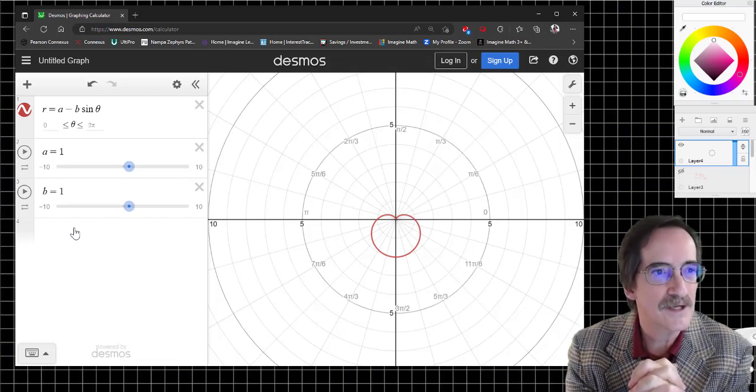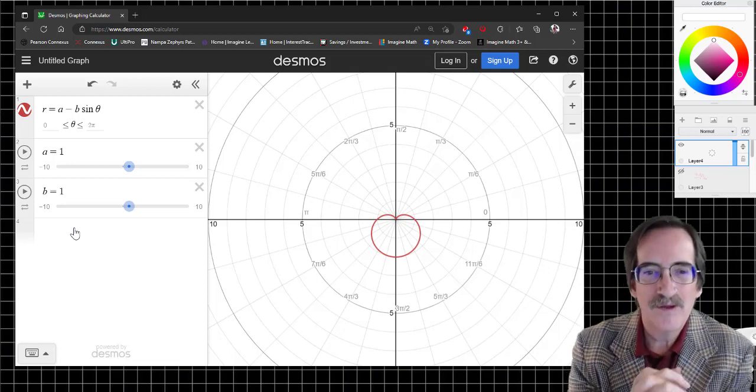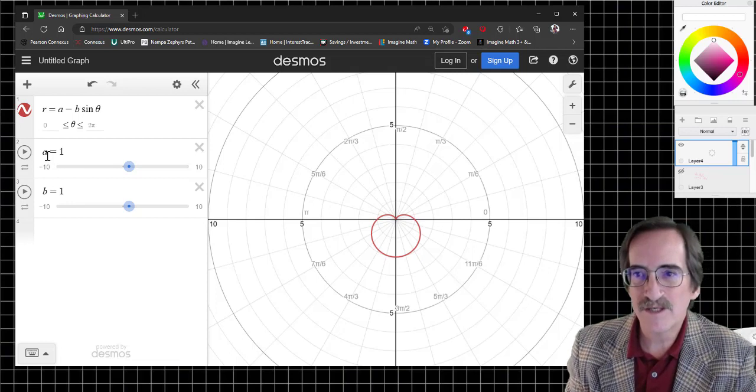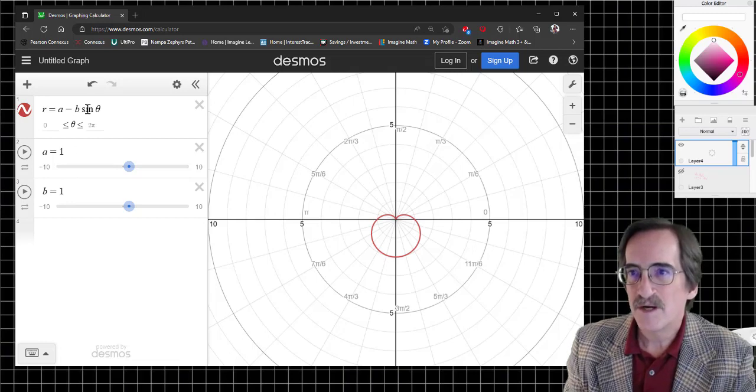Cardioid because it looks like a heart, right? There are several classifications of these, and it all has to do with the relationship between a and b. But before we get into a and b, let's see what changing sine to cosine does.